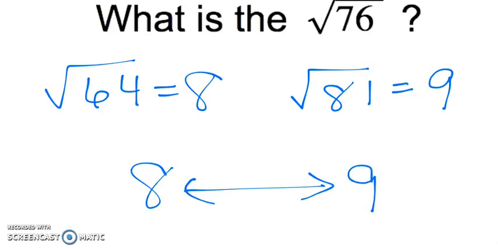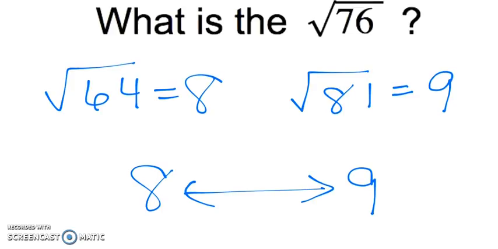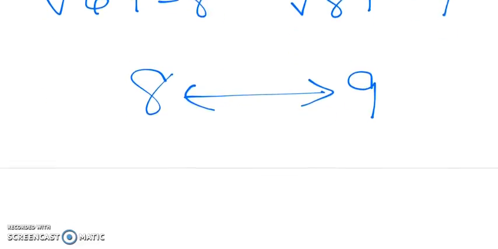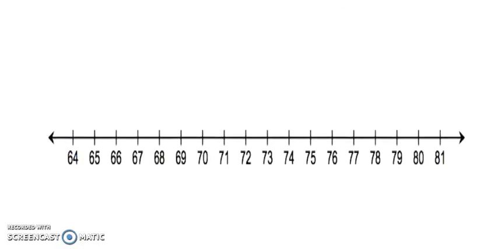Now we need to figure out exactly where in between it lies. In order to do this, we could take a look at a number line. The first thing we're going to do is think about what we're trying to find, the square root of 76. How far away is 76 from 64, our first perfect square we found? 76 lies 12 units away from 64.